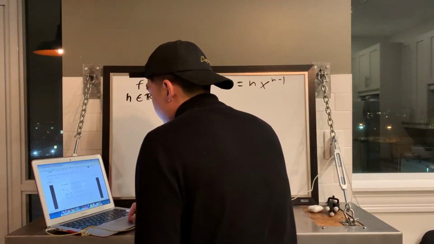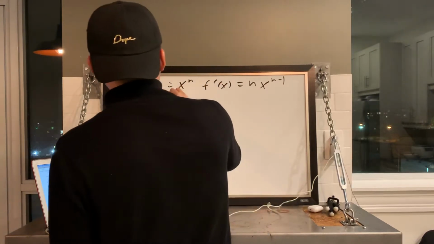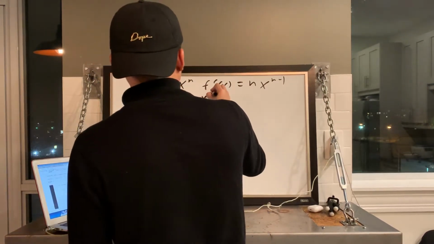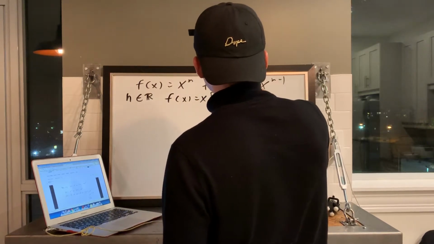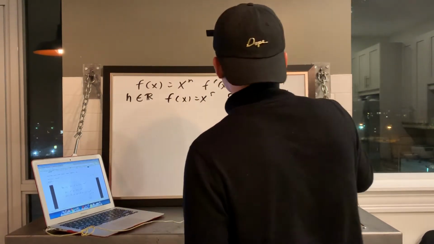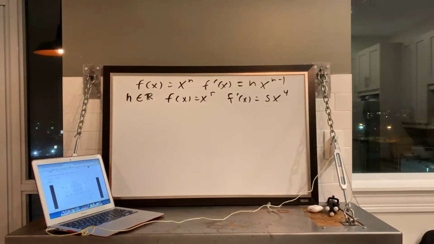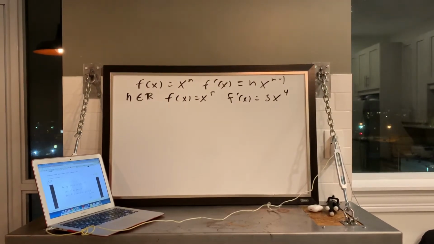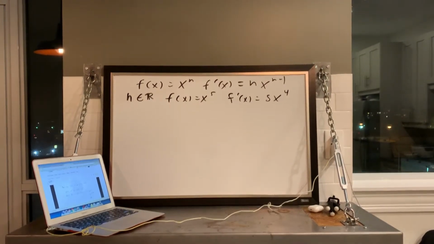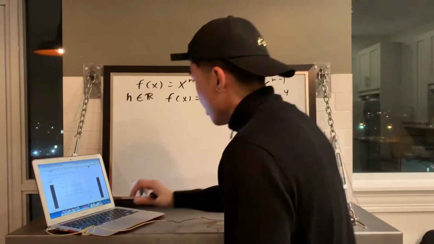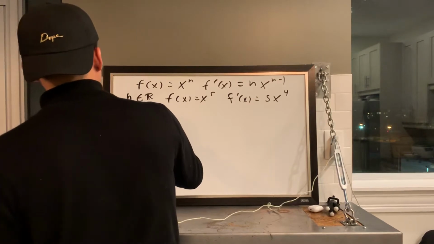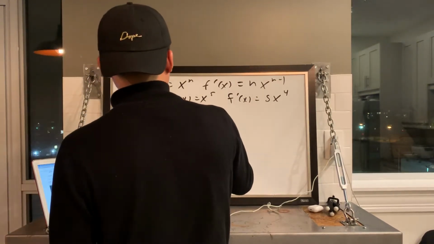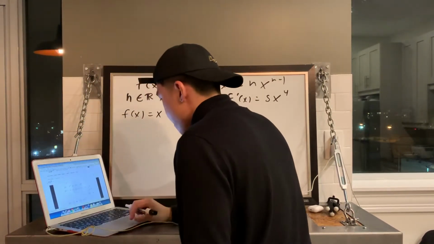Now, if we have f of x equals x to the 5, that means f prime of x has to equal 5x to the 4. You drop the 5 in front, take 1 away from the 5, so it would be 5x to the 4 as your answer. If you have x to the e, that would be e x to the e minus 1.